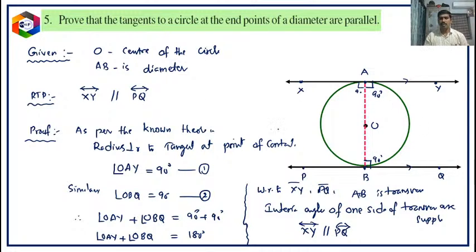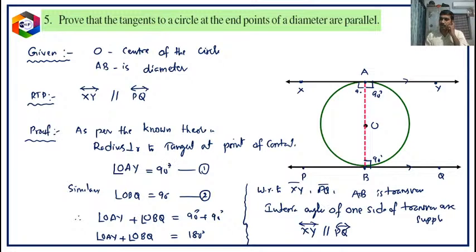So once again, to a circle there is a diameter AB. At the endpoints of the diameter, if you draw tangents, then those two tangents must be parallel. So the given is: O is the center of the circle and AB is the diameter. XY is parallel to PQ.